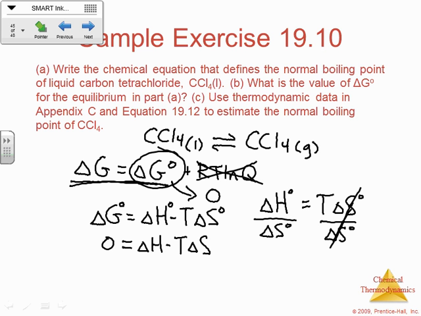Okay, I'm going to have to get them indirectly here. So the delta H of formation for CCl4, what we're going to have to do here is take the products minus the reactants, look up the delta H's of formation for each of these. Okay, so the delta H of formation for the CCl4 gas is negative 106.7.